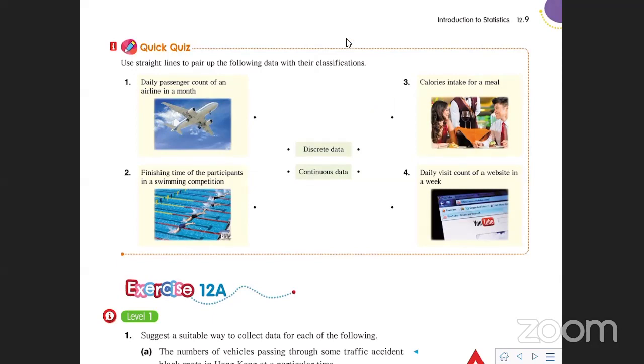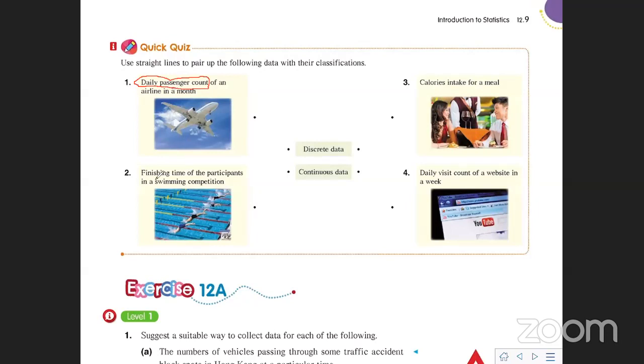You have done it already, right? Very quickly. Now for this one, number 1, daily passenger counts. It means we count the number of passengers every day. This is the data you will collect.